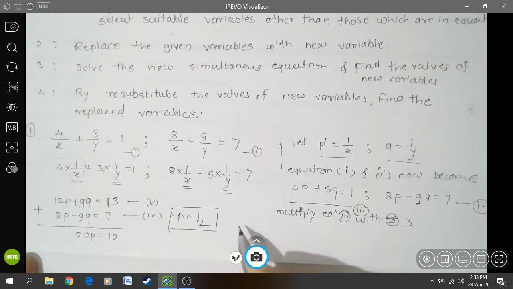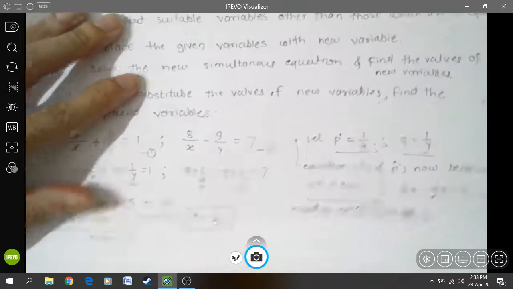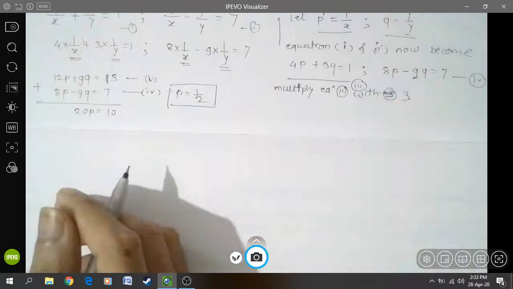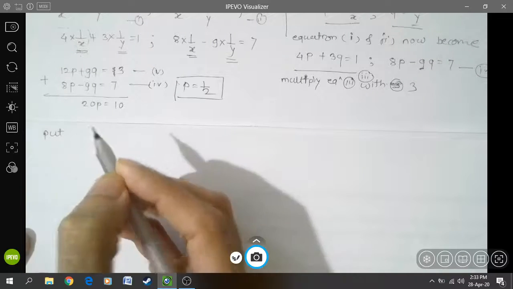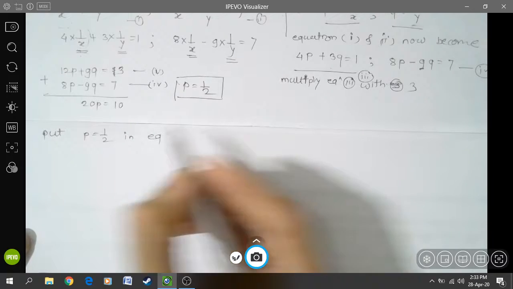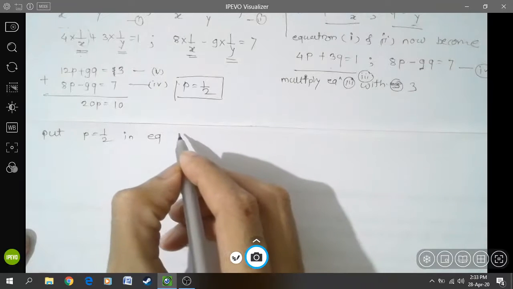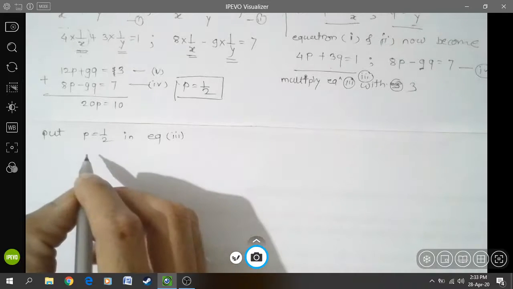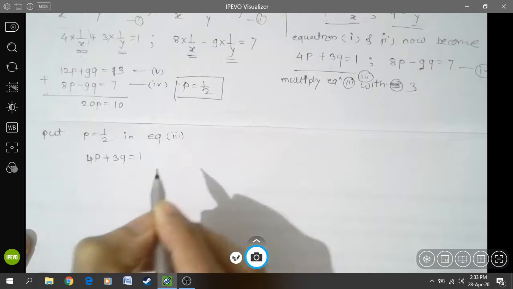If we put p is equal to 1 by 2 in any of the equations we have written earlier, suppose equation number 3, what was equation number 3? 4p plus 3q is equal to 1.